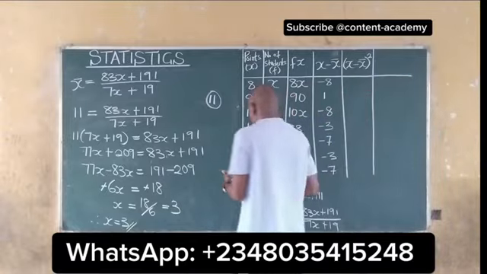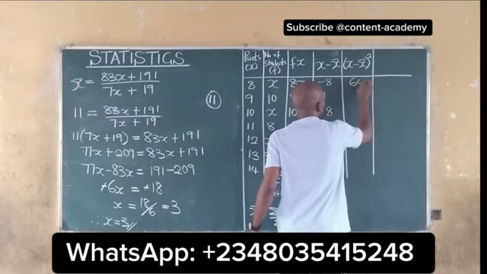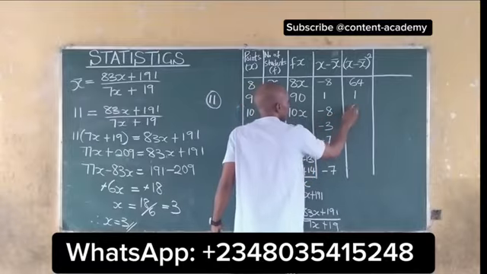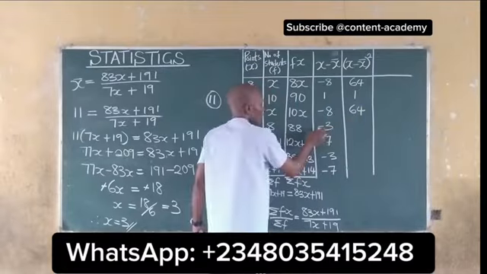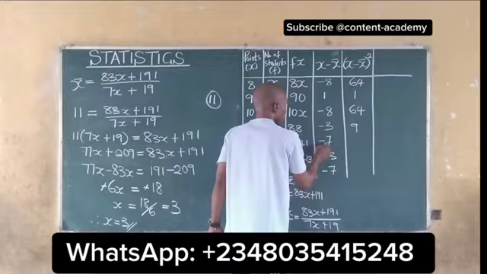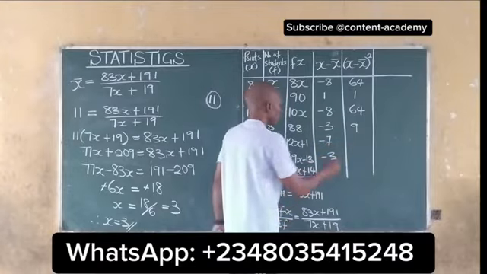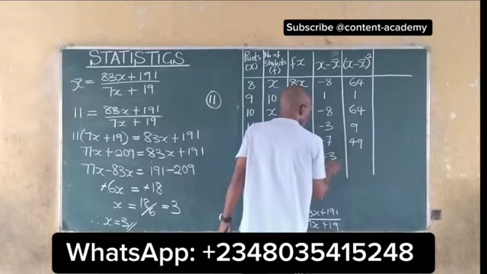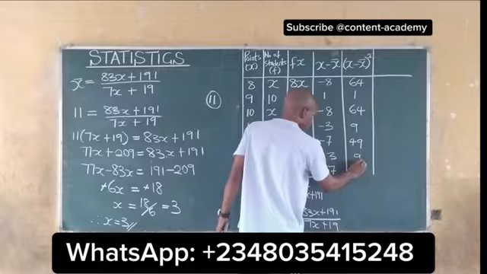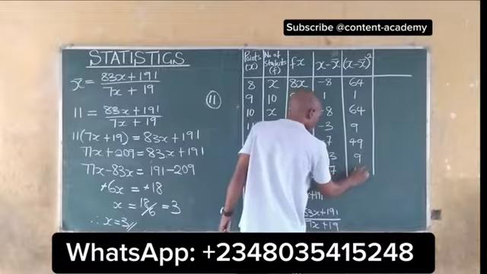So 8 squared will give us 64. 1 squared is 1. 8 squared is 64. Negative 3 multiplied by negative 3 will give us 9. Negative 7 multiplied by negative 7 is 49. And negative 3 multiplied by negative 3 is 9.